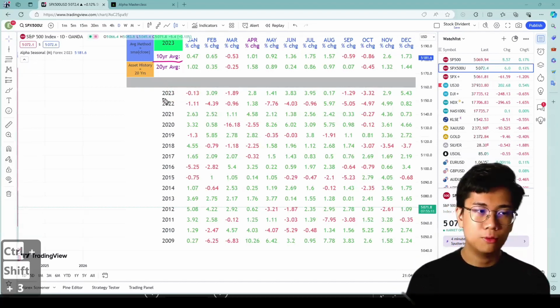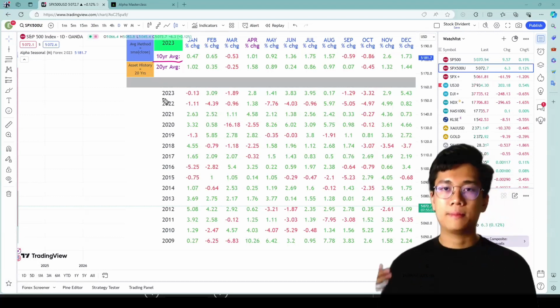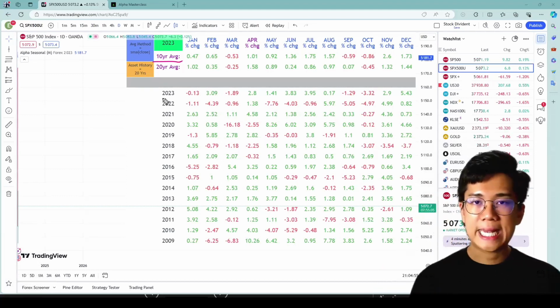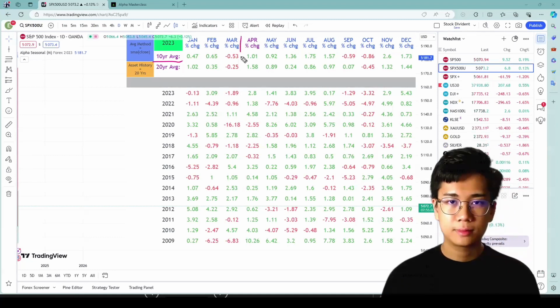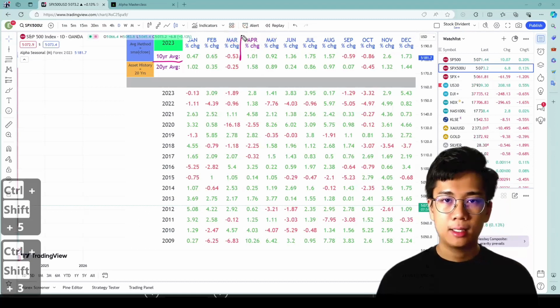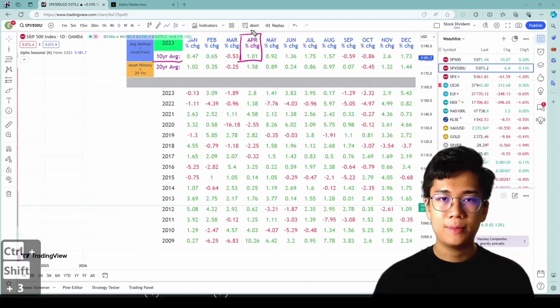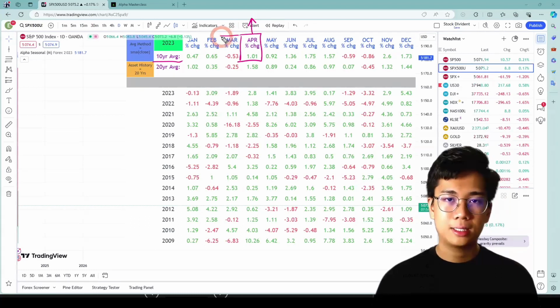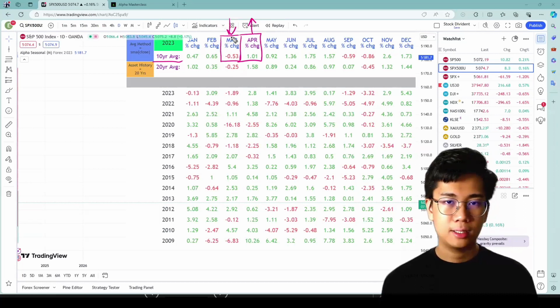By doing this, we can forecast whether that particular month is up or down. For example, right now we are in April. Green stands for up, meaning this one will be an uptrend. March is red color, which stands for downtrend.